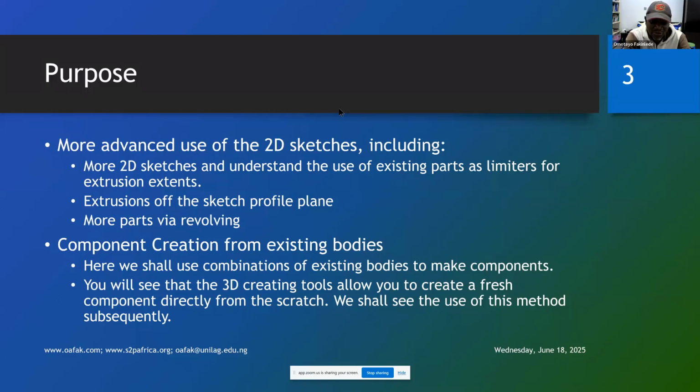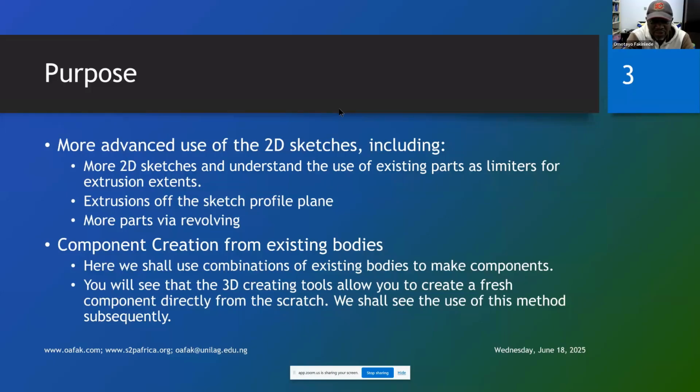And then by the next class, you will see that there are certain things you can do with components, but you cannot do with bodies, especially when it comes to the assembly of parts to make an engine or to make a more complicated body from simple ones. You will see that the 3D creating tools allow you to create fresh components directly from scratch. So you can create a component from an existing body, or you can create a component from scratch.